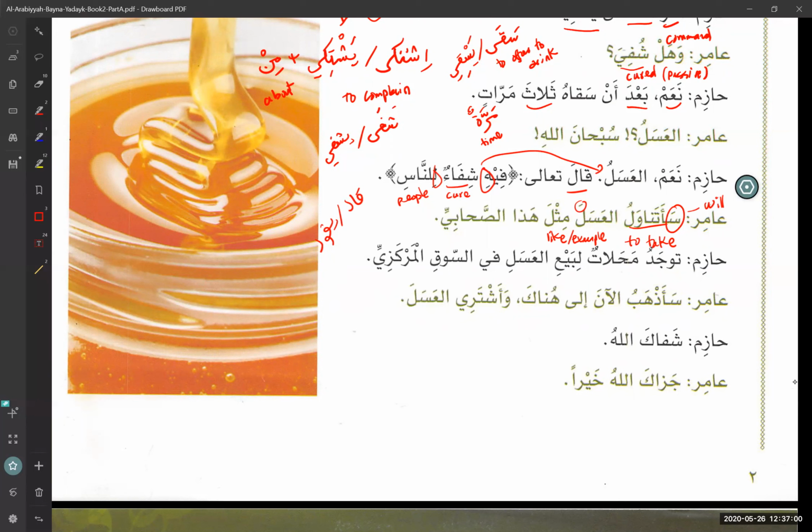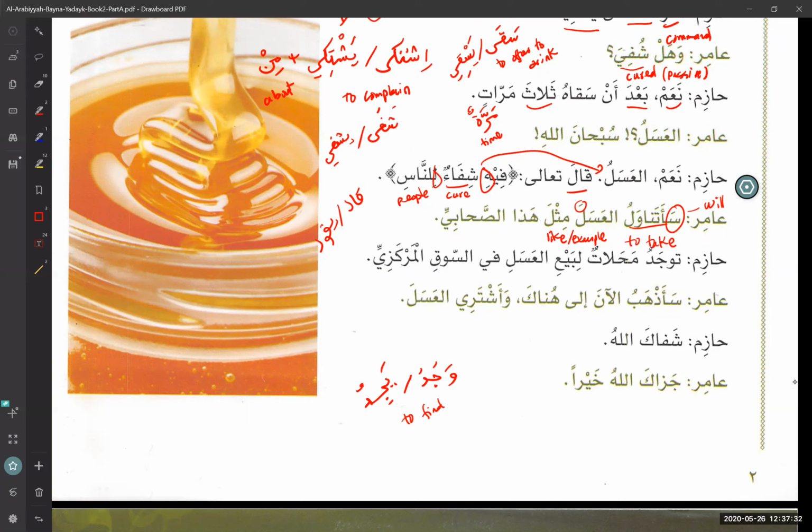Then Hazim says, توجد محلات لبيع العسل. What is توجد? توجد is found. It's from the verb وجد يجد, to find.